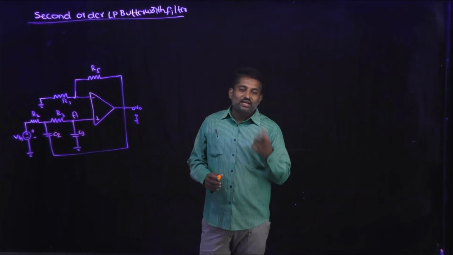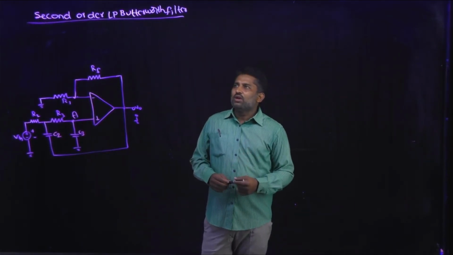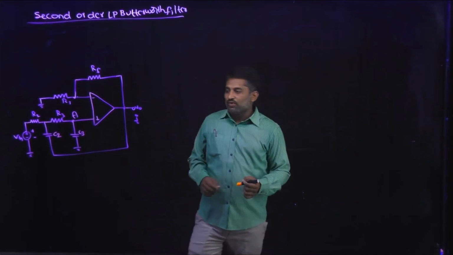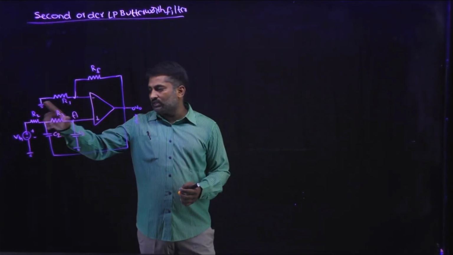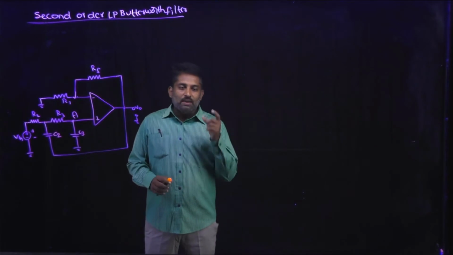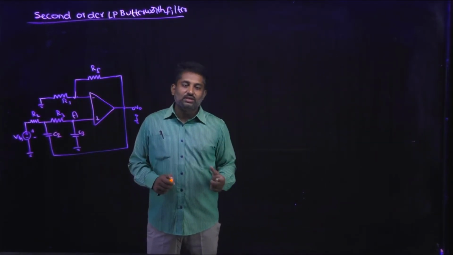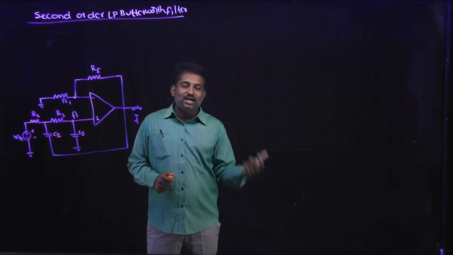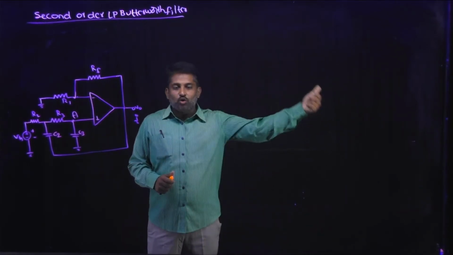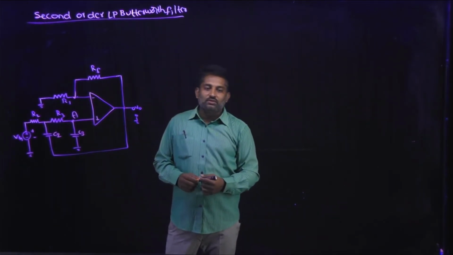Okay, for deriving the cutoff frequency in the second order low pass Butterworth filter, first I am going to consider the input RC network, and by applying the Laplace transform for the input RC network, I can easily calculate the cutoff frequency or output voltage of the second order low pass Butterworth filter.